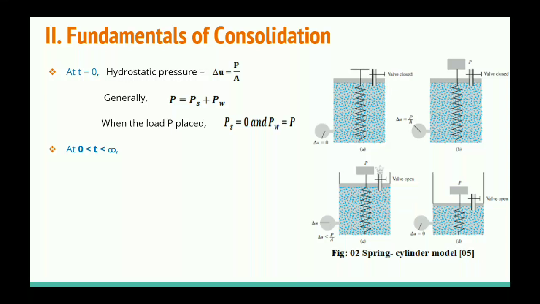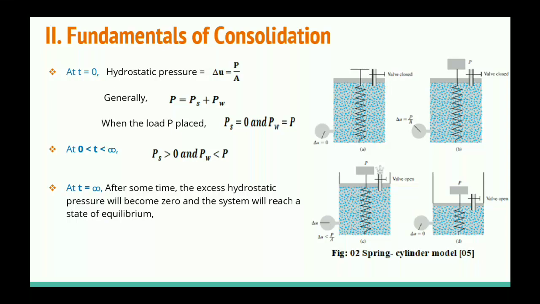So the load resisted by the water will get reduced, meaning the pore water pressure which developed at t equal to 0 will now decrease. So we can write at this point of time PS is greater than 0 and PW is less than P, where P is the load applied on the piston.